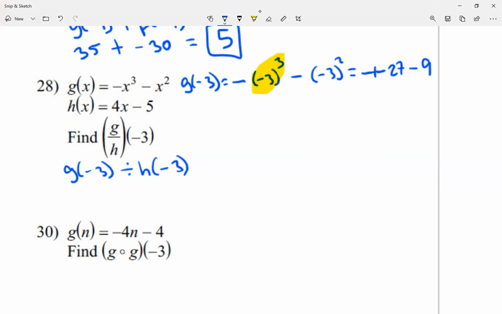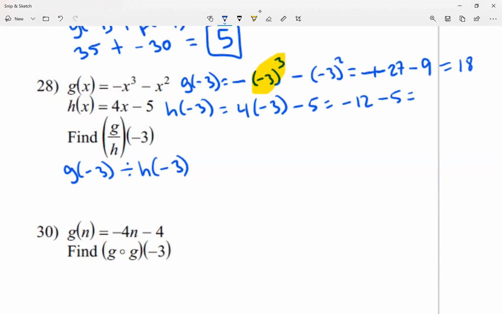So positive 27 minus 9, I'm just going to call that 18. Now let me do h of negative 3. I have 4 times a negative 3 minus 5. So that gives me negative 12 minus 5, which is equal to negative 17.